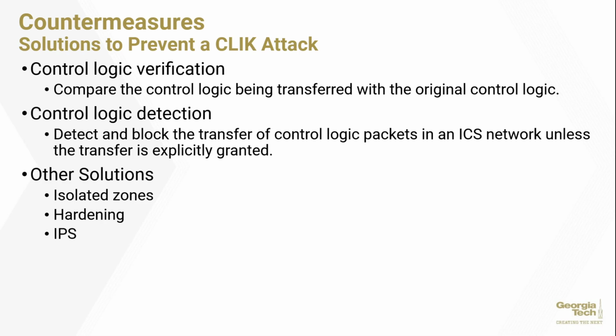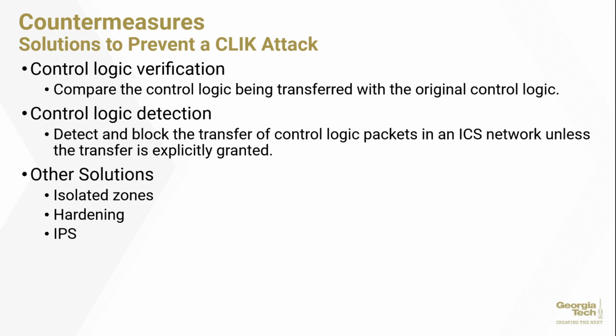Now, the more useful countermeasure would be control logic detection. This is similar to an IPS. It's detecting and blocking the transfer of control logic packets on an ICS network unless that transfer is explicitly granted.